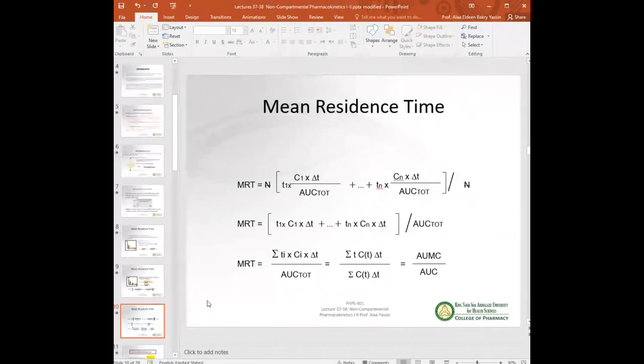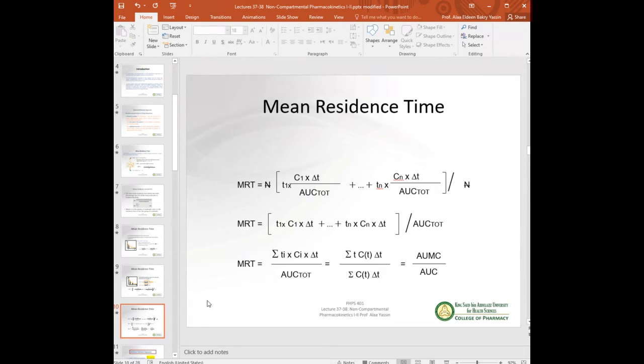If the elimination half-life is long, this means the drug resides in the body for longer periods. So, avoiding accumulation, we make the interval longer. And this is the main aim of pharmacokinetics, to use this data to optimize the therapeutic regimens of drugs.